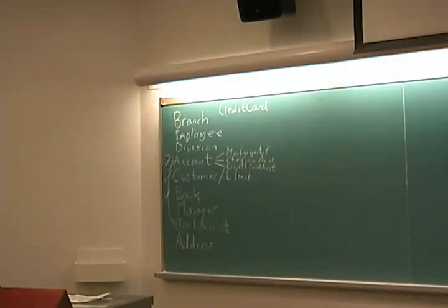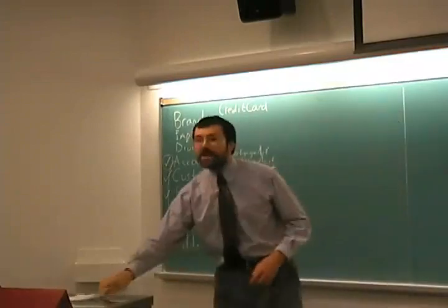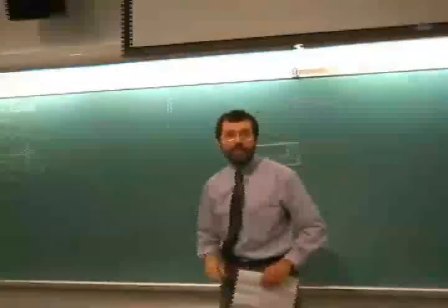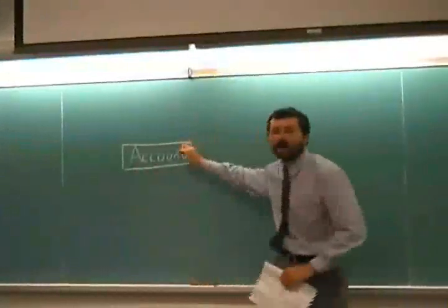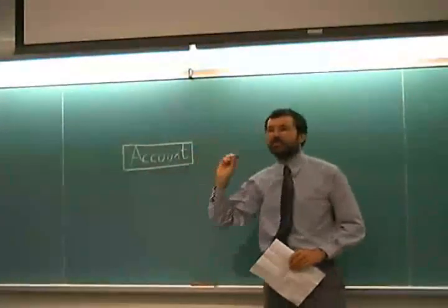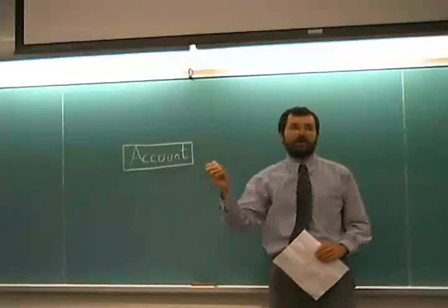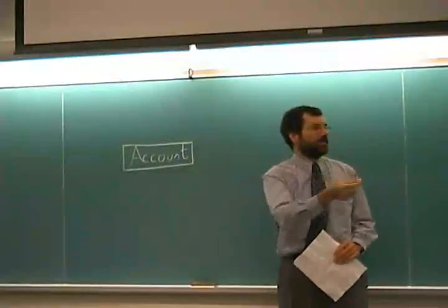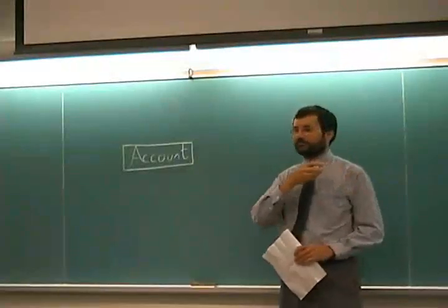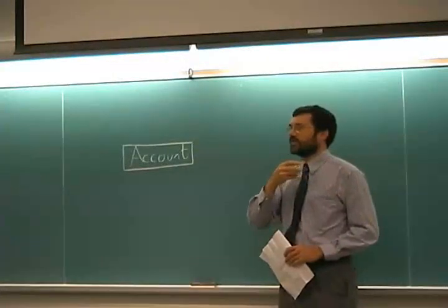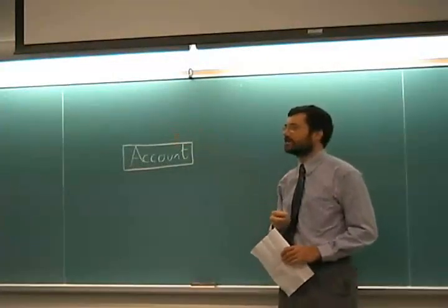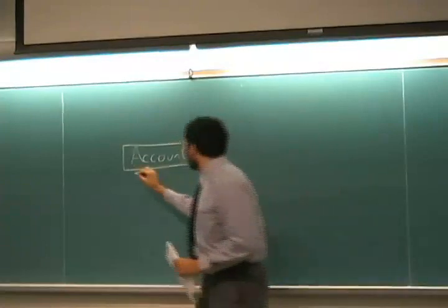Now I want you to tell me what we know from the problem about accounts. Associations or attributes? Somebody tell me what we know about accounts in general. We know nothing. Ah, somebody has an idea. Each account is identified uniquely by an account number.